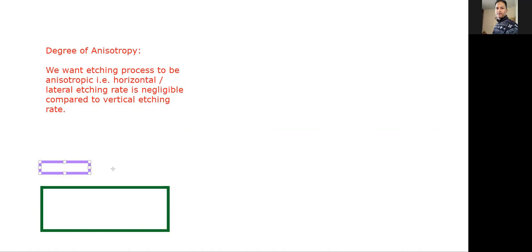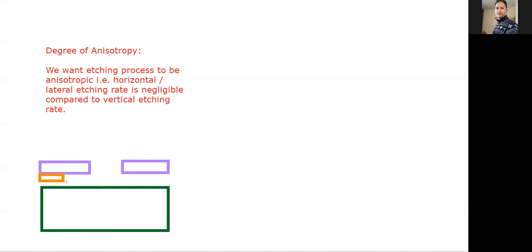Okay, this is the photoresist. Now we are doing our etch. This oxide is between the photoresist and silicon, and our etchant will access this oxide through this gap, this opening which we have created by lithography.